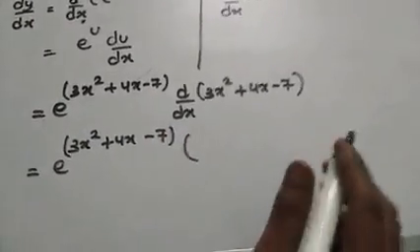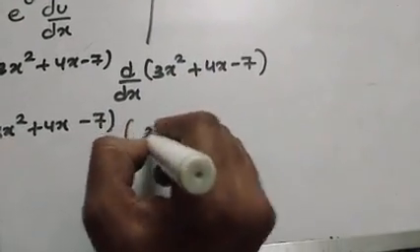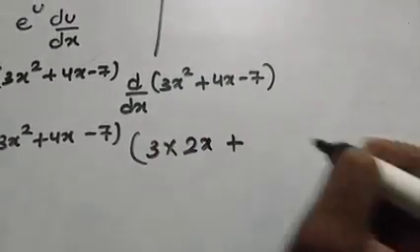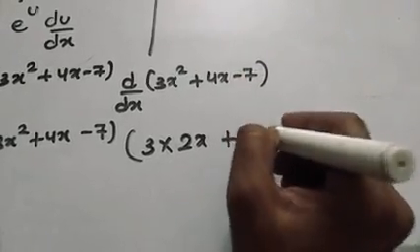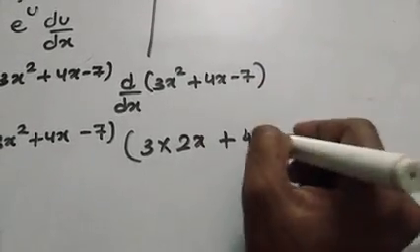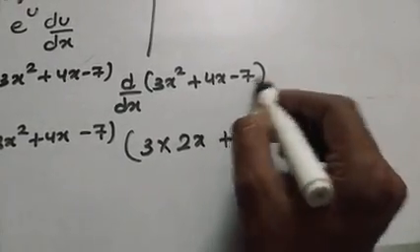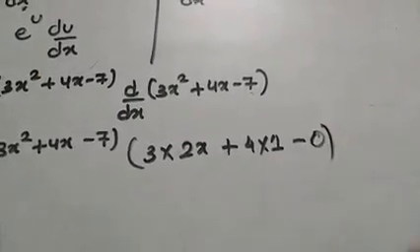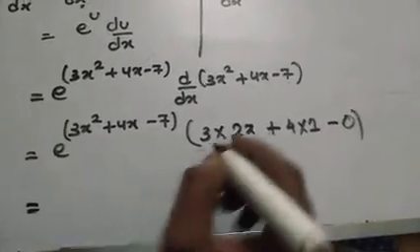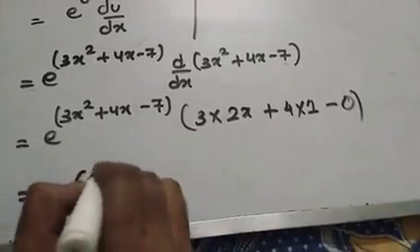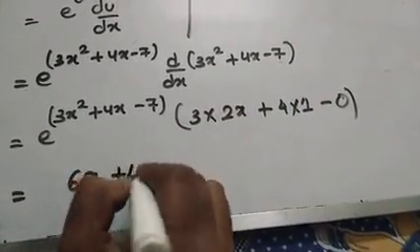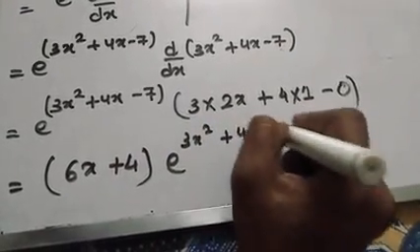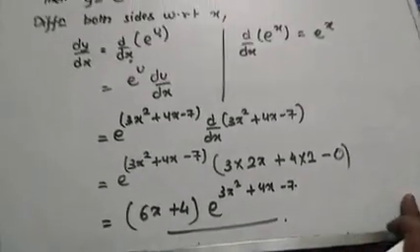Now here we will directly do this. 3 is a constant, we will write just 3 into, now x square derivative is 2x, plus 4 is a constant, we will just write 4, x derivative is 1, minus 7 is just a number, that means this is totally a constant part and constant derivative is 0. So now we'll simply solve that. 3 into 2, 6x plus 4 into 1, 4, in the bracket, and e to the power 3x square plus 4x minus 7. So this is your final answer.